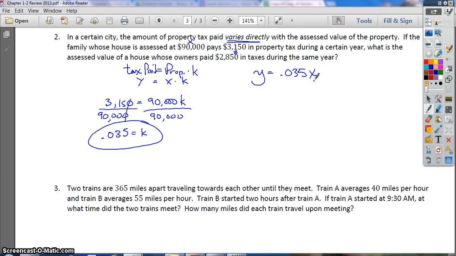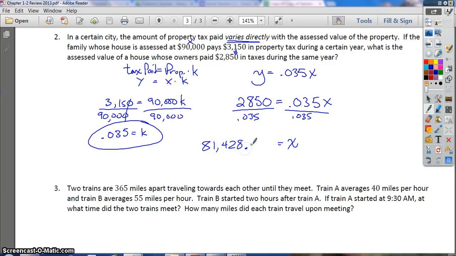That's the rate. They're saying you paid $2,850. They want to know how much your house would be at that cost. So basically all I have to do is divide over 0.035. So I divide, my x, or my property value is $81,428.57.